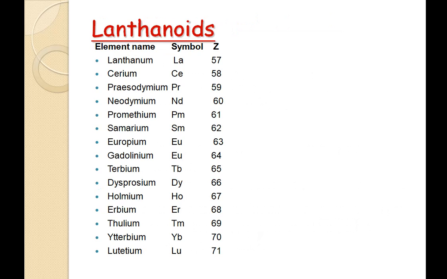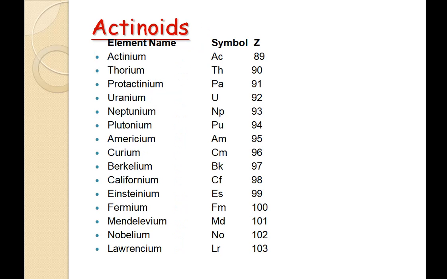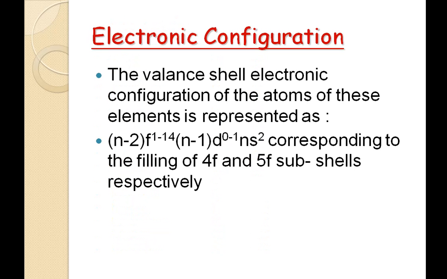These are the lanthanoids. Here in this table, element name, symbol and atomic numbers are given. So lanthanoids are from lanthanum to lutetium, and these are actinoids starting from actinium to lawrencium. Now electronic configuration.